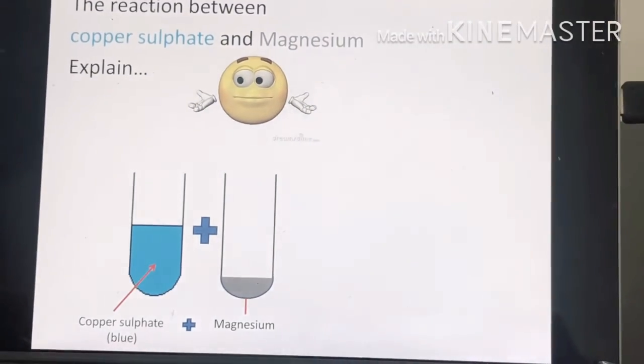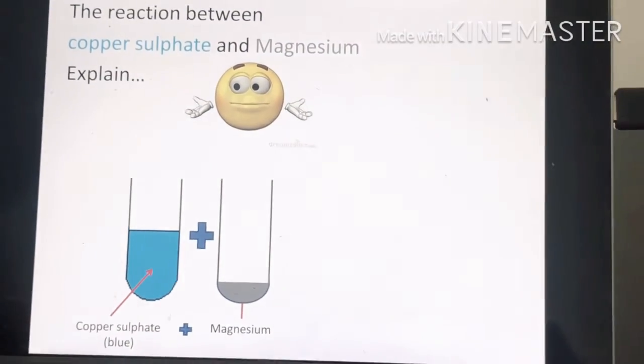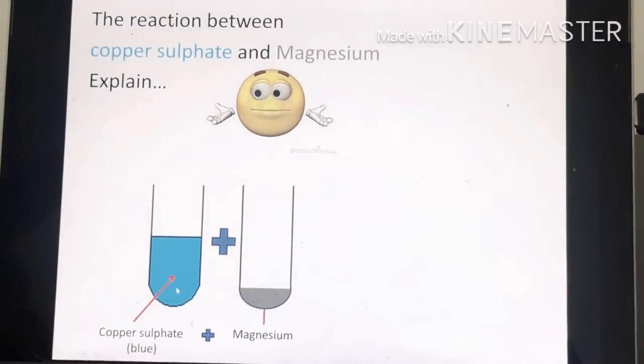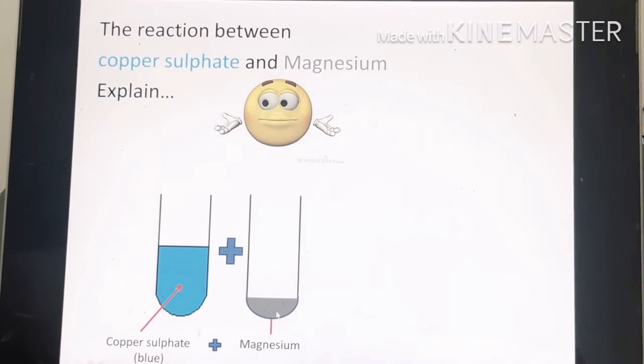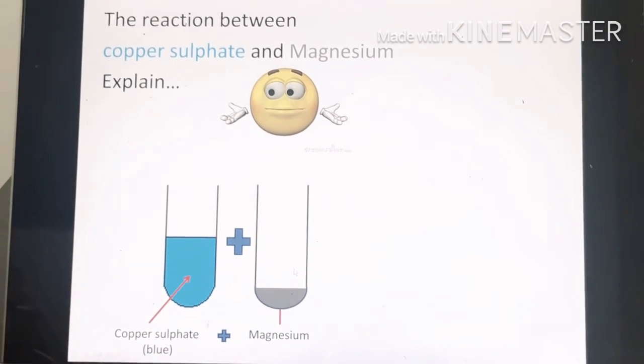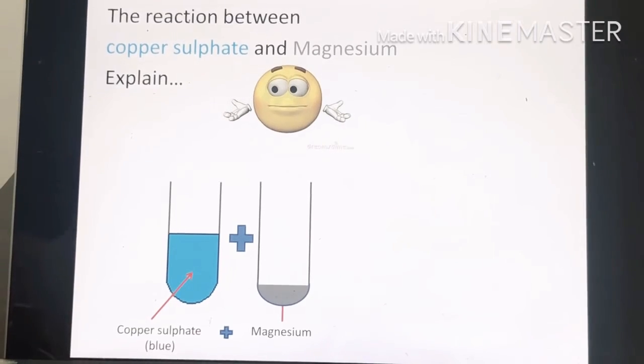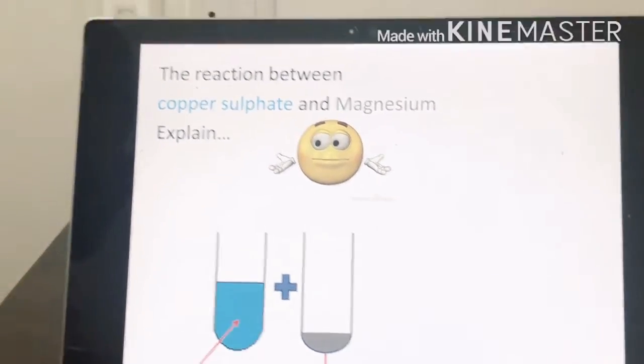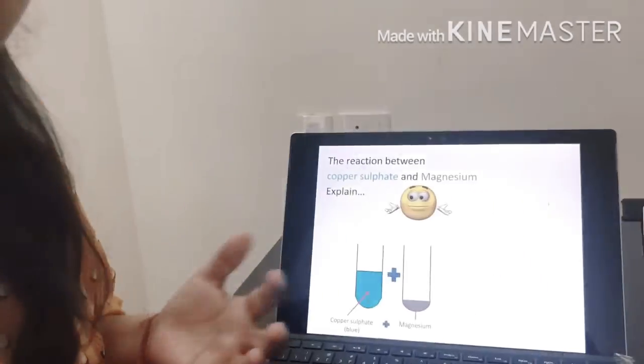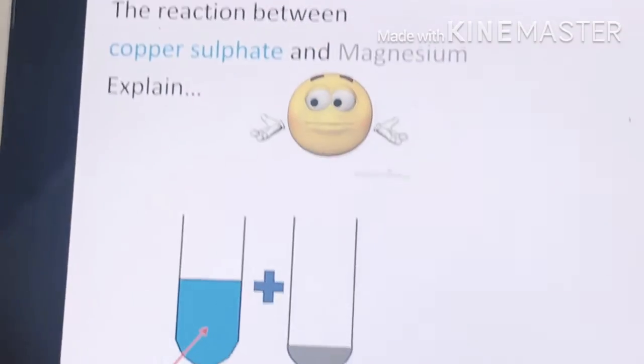We have copper sulfate and magnesium. So you can see here we have taken copper sulfate, and we have taken the magnesium ribbon here. So what do you think? Do you think the reaction is going to take place? And if yes, what are the products going to form? And what will you observe? Observation means the change you would see if you are doing the reaction in the lab. So let's see here. Now again you have to recall the reactivity series.